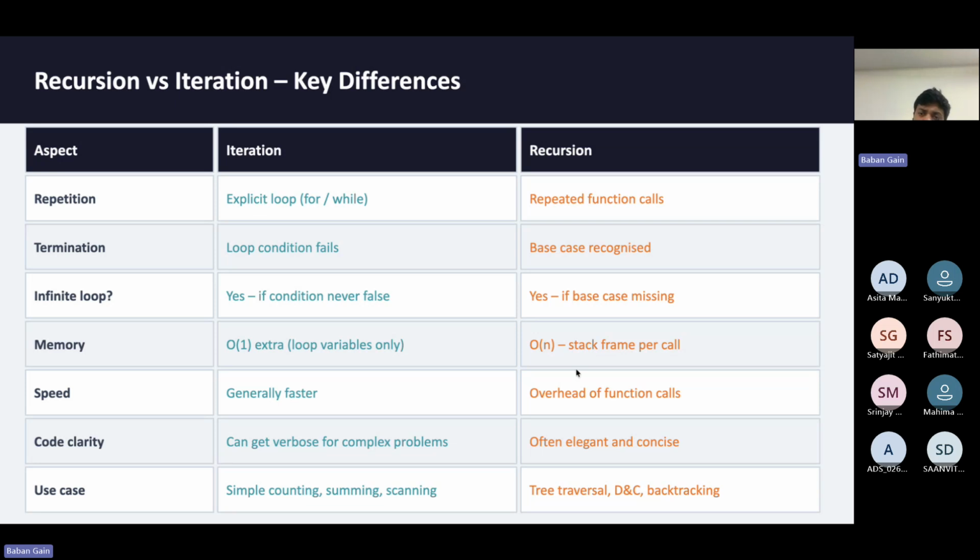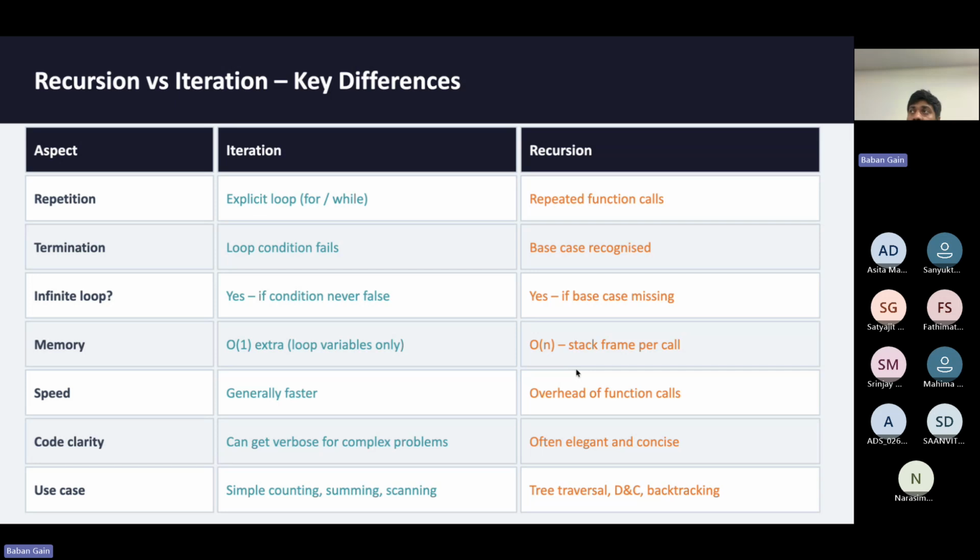But what is the advantage of recursion? Most of the time the code is much shorter and it is easier to understand compared to loops, if you understand the concept of recursion properly. Another thing is that it can also be very useful to divide a problem into multiple parts.